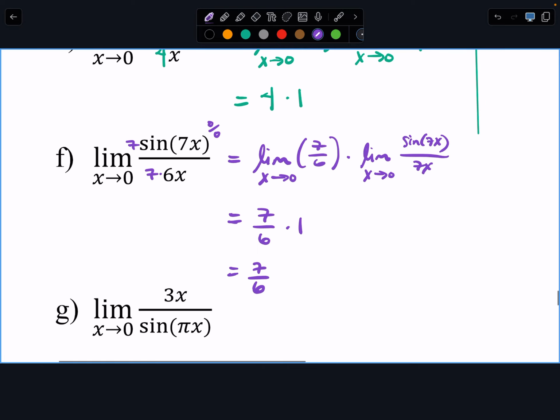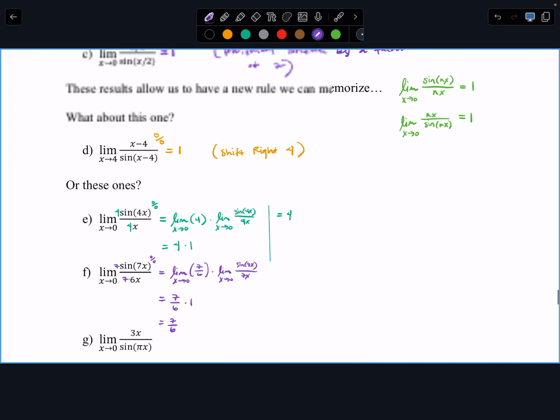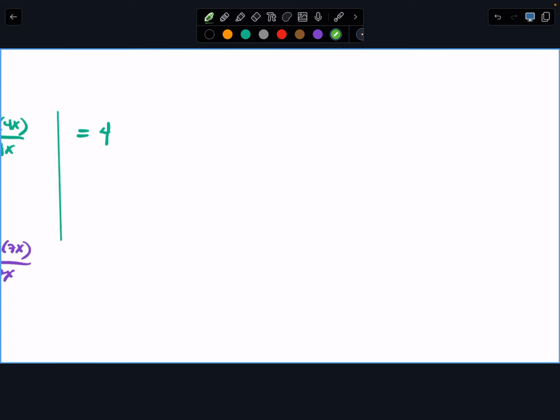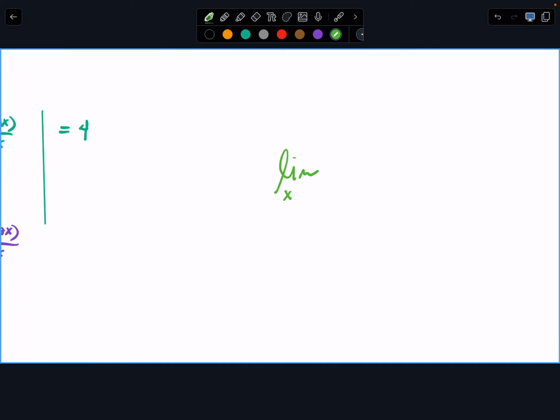Are we seeing an even more generalized rule that we could come up with for the special trig limit? What do we see? Sophia? The limit is always going to be the ratio of those values. They don't have to match, right? So what if we said sine of ax over bx?